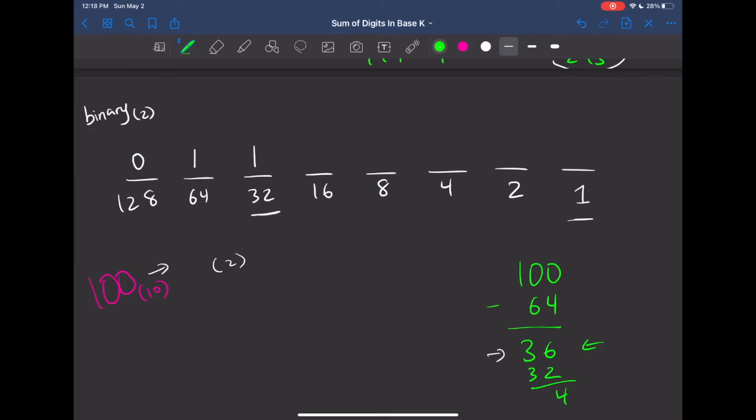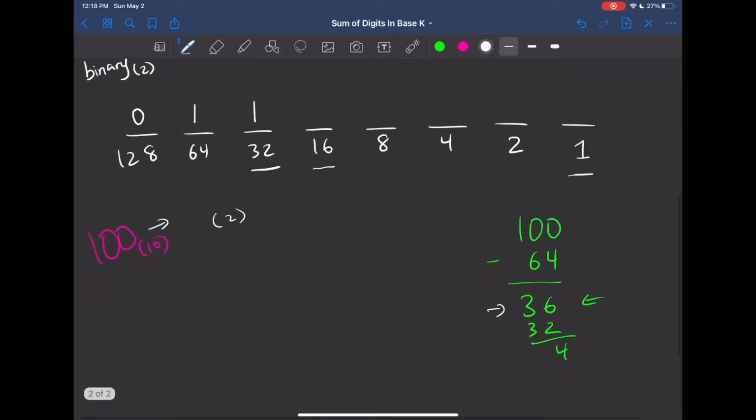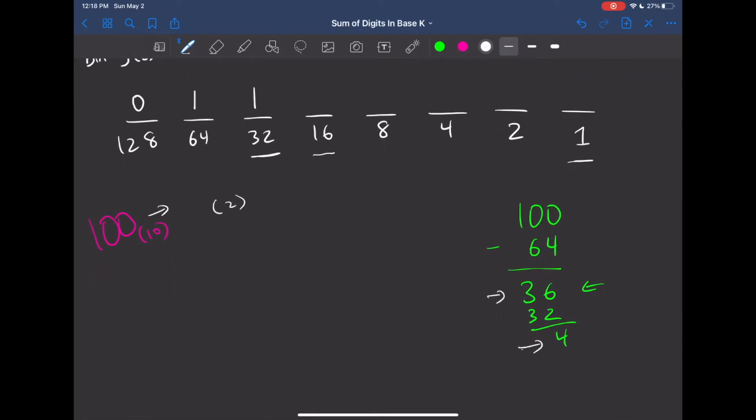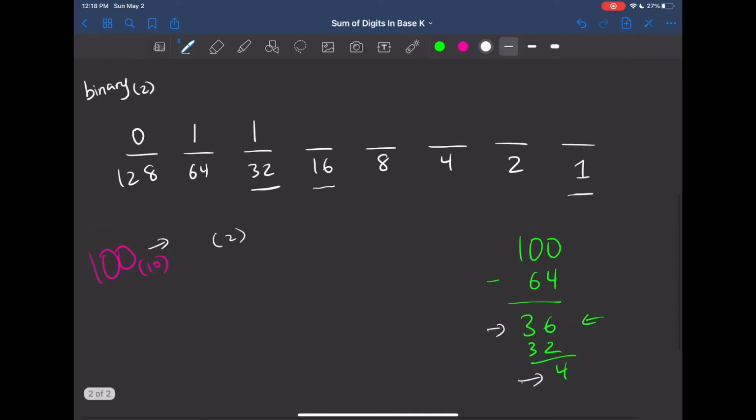Okay? So now we go and look at the 16. Does it make sense to put a 1 at the 16? No, we shouldn't do that, because if we put a 1 at the 16, then we need at least 16 left for this to be properly represented as a binary number. So I'm going to put a 0 here, and for the same reason, I'm going to put a 0 at the 8. But look at this.